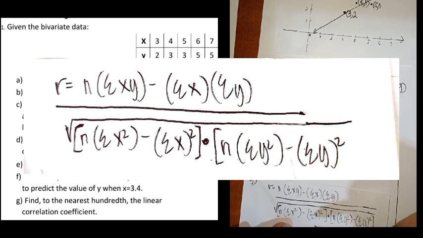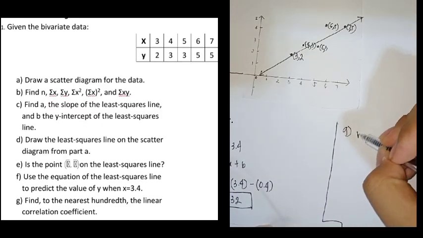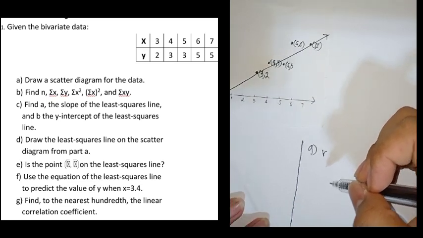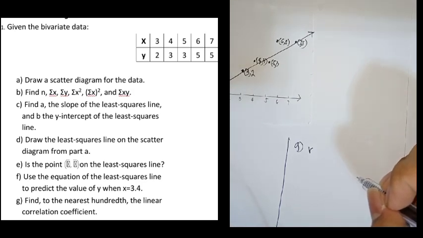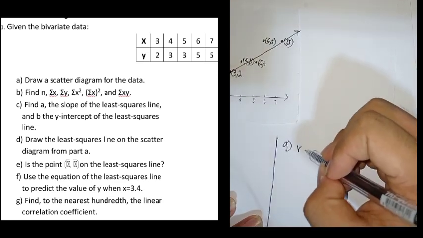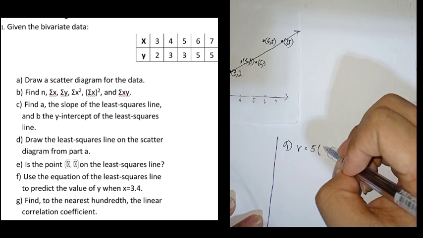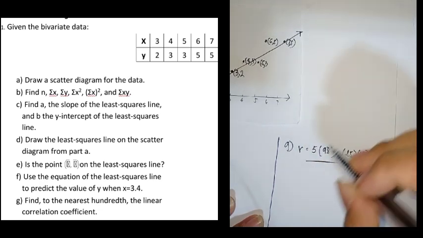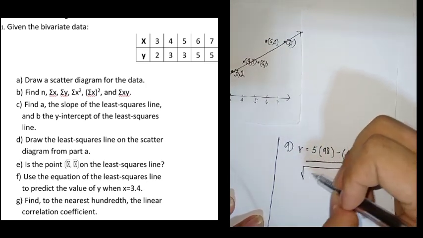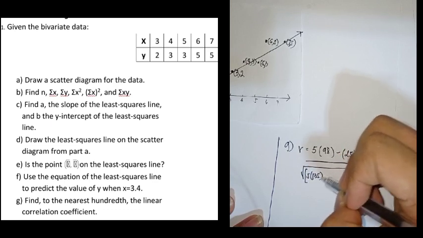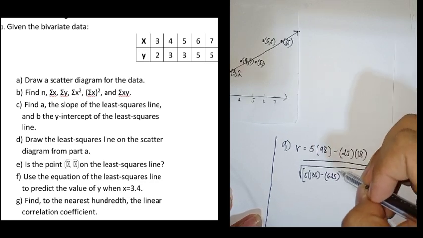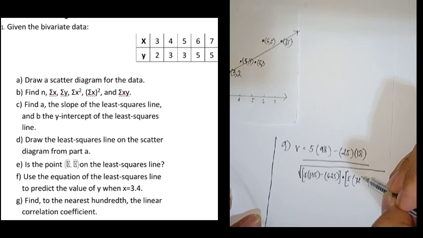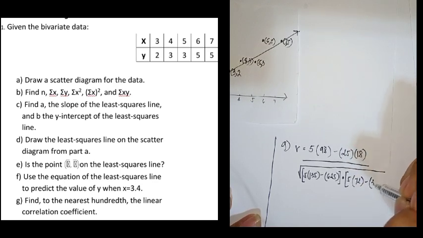By plugging in the values, we get r equal to 5 times 98 minus 25 times 18, over the square root of 5 times 135 minus 625, times 5 times 72 minus 324, the summation of y squared.